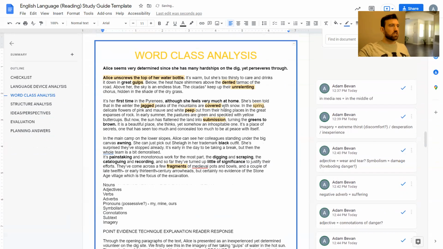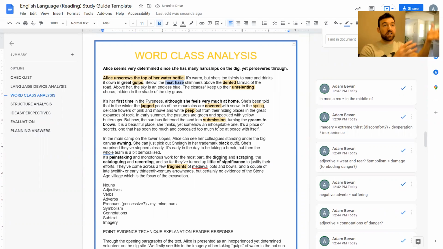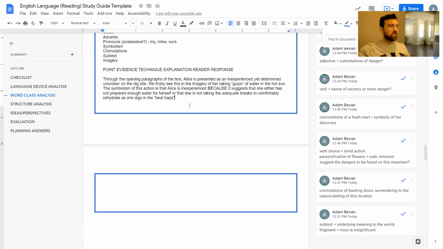Now, sometimes it's great just to put in a little extra quote, even if you don't analyze it. As long as you've analyzed your main quote, putting in another little one to show that you've really comprehended can be really good. So rehydrate as she digs in the heat haze.